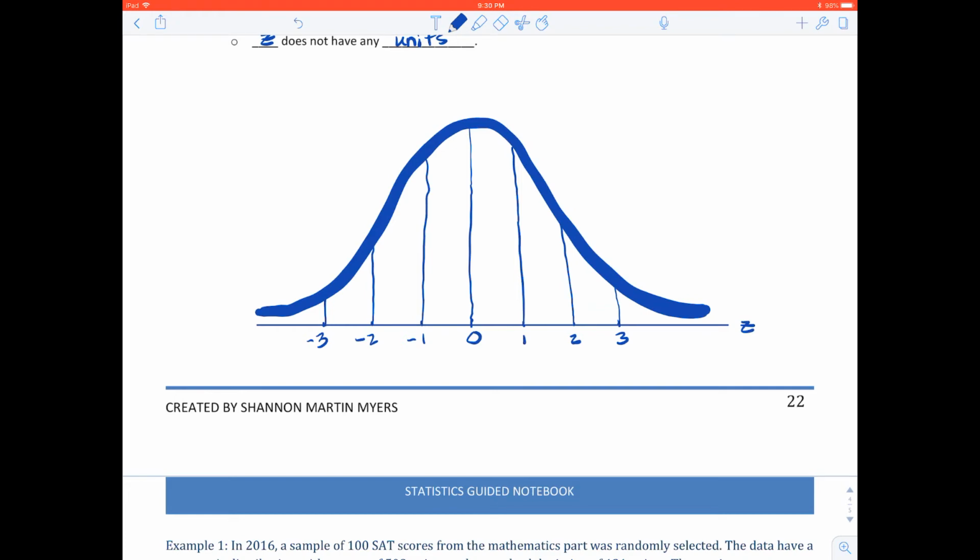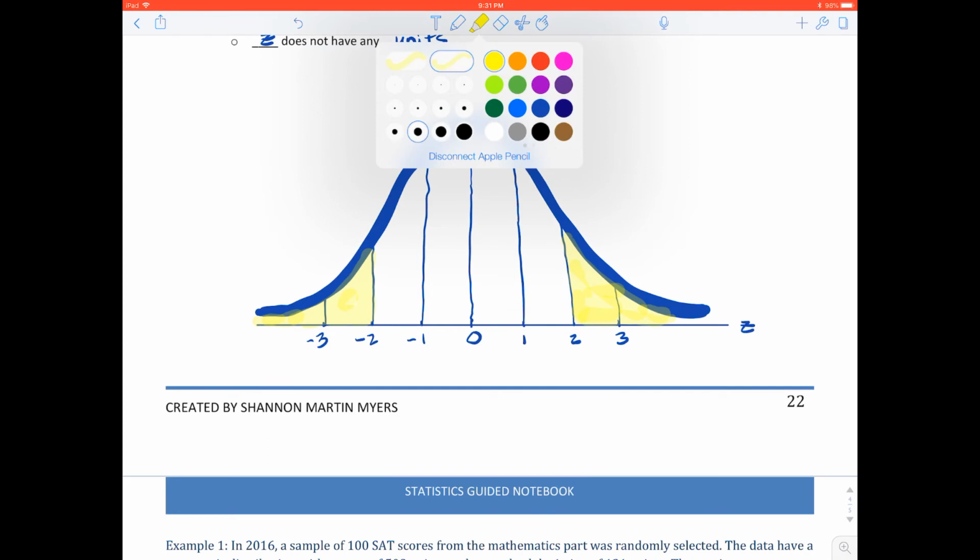So extreme values would end up being values like over in here, or over here. And then the other ones would be considered more normal values.